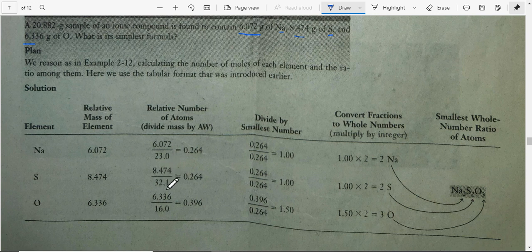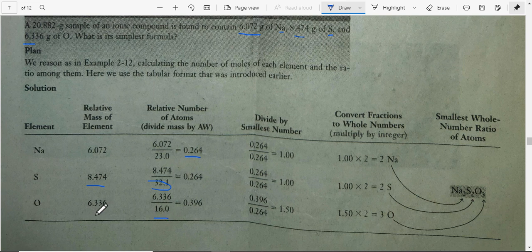So 6.075 divided by 23 is 0.264. Next is 32, that is sulfur, then 8.474. Then oxygen is 16 again, 6.336. So you just divide.